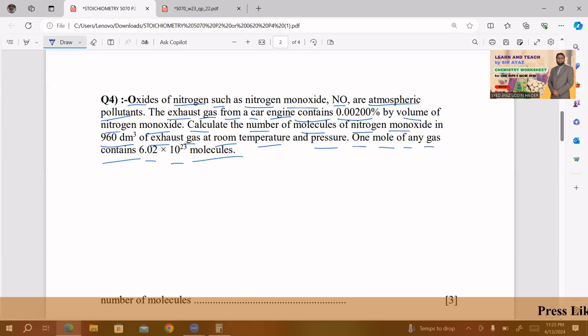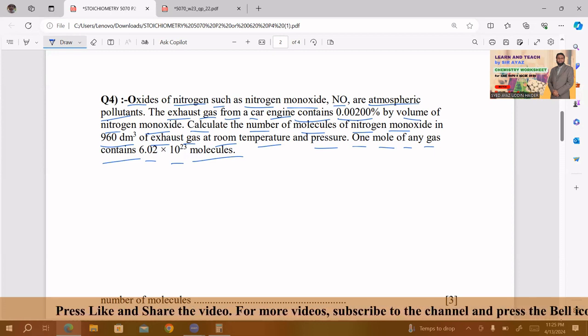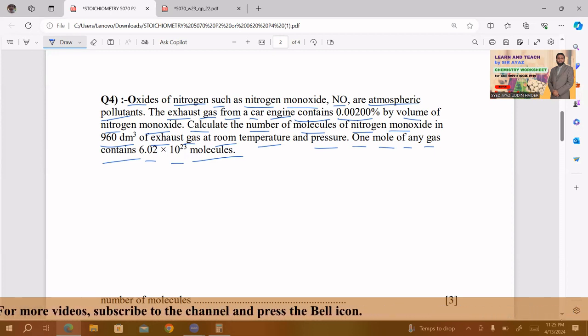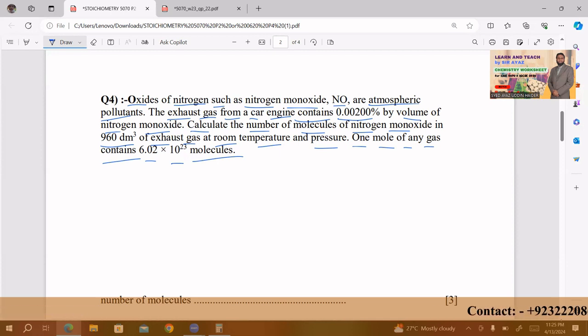So first of all, I need to calculate the volume of nitrogen monoxide in the exhaust gas. The volume of exhaust gas is 960 dm³ and 0.002% is nitrogen monoxide.